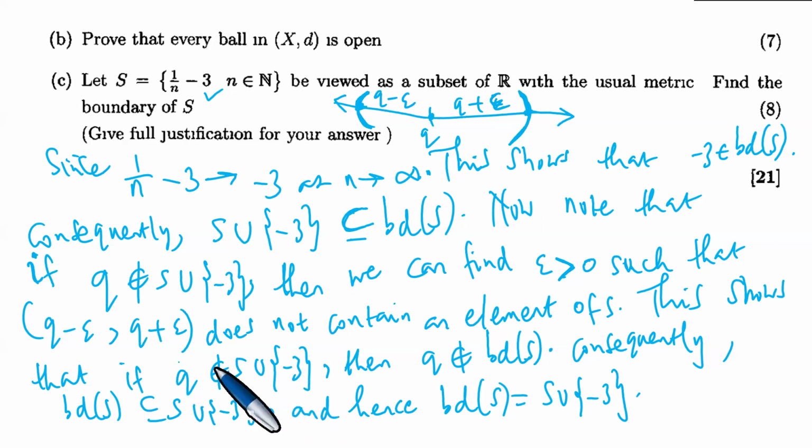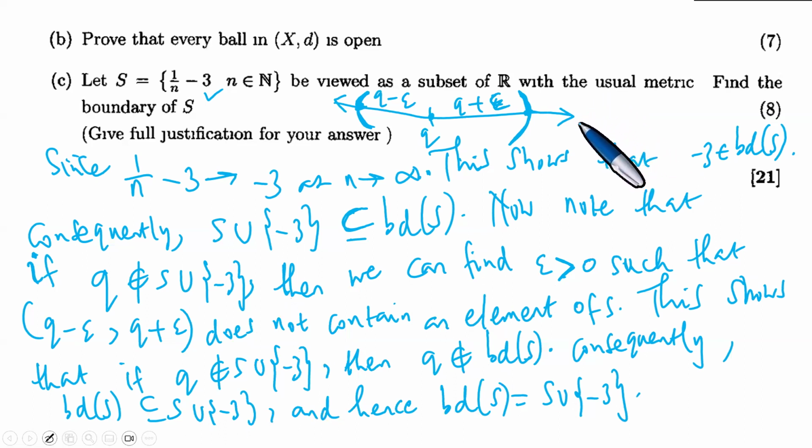Okay. This interval does not contain an element of S because Q is not in S union the boundary point. This shows that if Q is not in S union minus 3, then Q is not in the boundary of S. By contraposition, we learn this in mathematical logic.